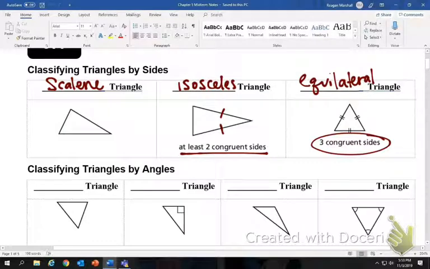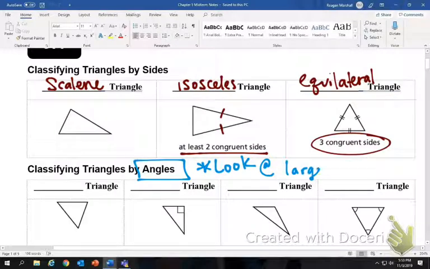And then the next section, you have classifying by angles. So you always look at the largest angle. So this first one, the largest angle realistically could be this one, but either way it is acute because the largest angle is definitely less than 90.